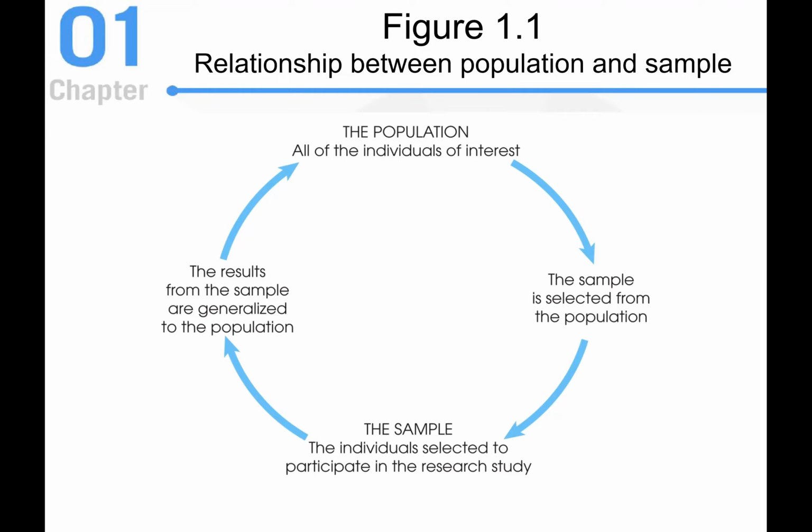The information that I got is not just applicable to the study I did on those particular 60 bunny rabbits. It's applicable to all the bunny rabbits in the population. That's the idea. I want to be able to generalize my research results.